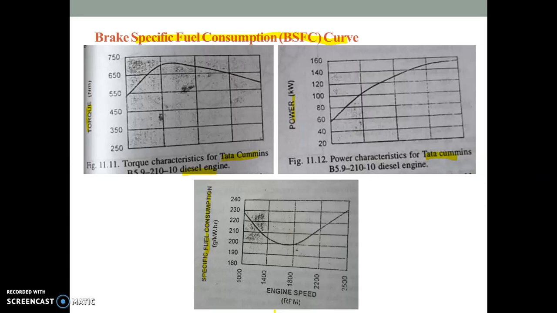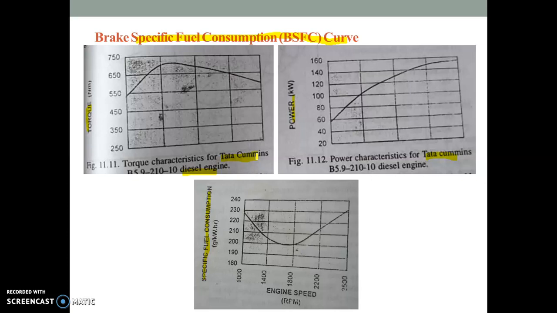So these points are not shown here, but overall it shows the curve for BSFC as an example of the Tata Cummins engine working on diesel.